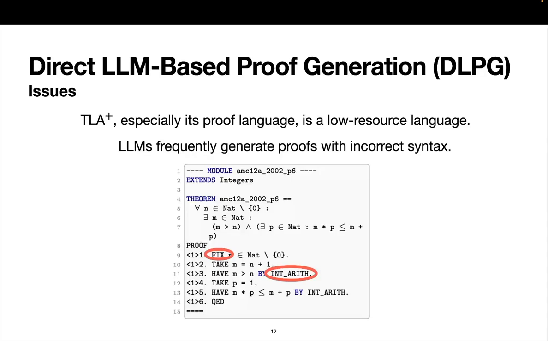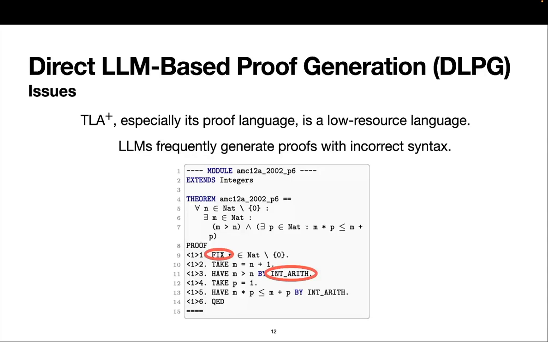For example, in this image and in our experiment, we saw LLMs generating things like int arith, which is not a valid option in TLA+. In our experiments, even with error feedback from TLAPS, the LLMs still struggle to produce syntactically correct proofs.